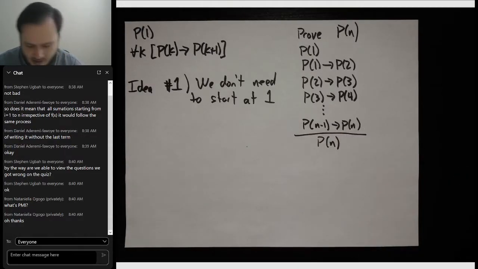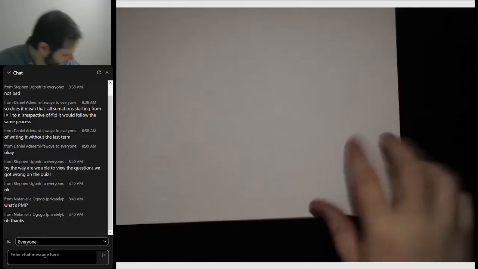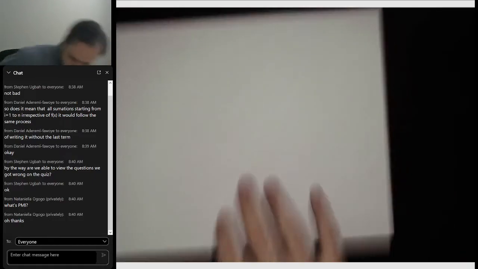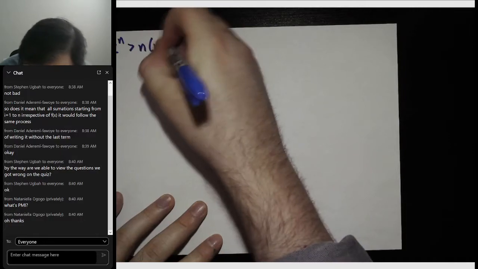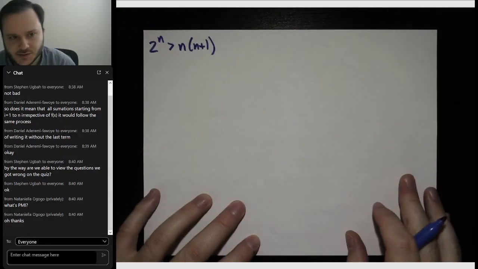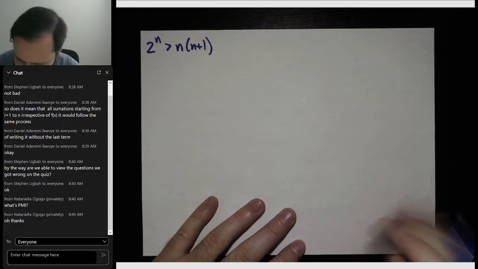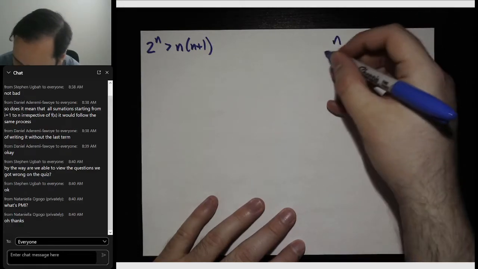So let's take a look at that. Let's do an example with that. Let's say I want to think about 2 to the n versus n times n plus 1. Let's look at some values.